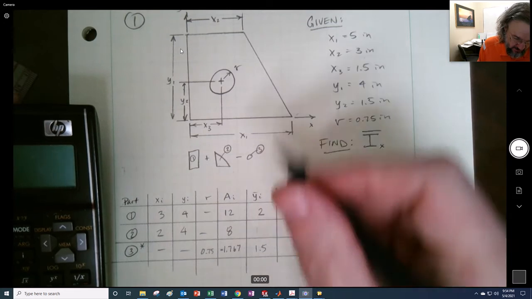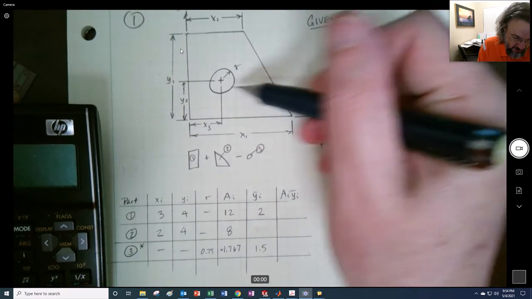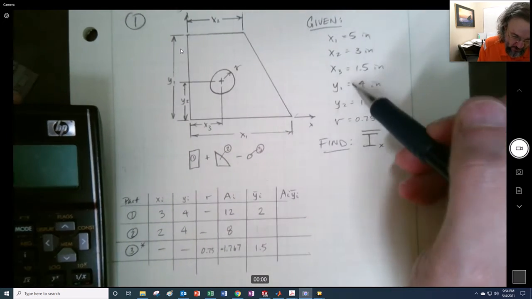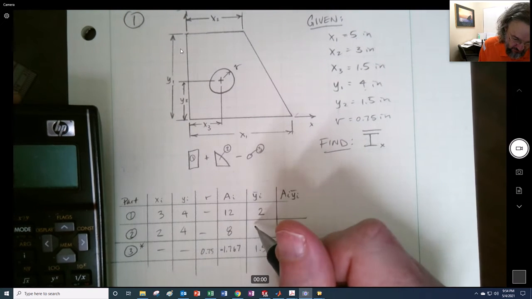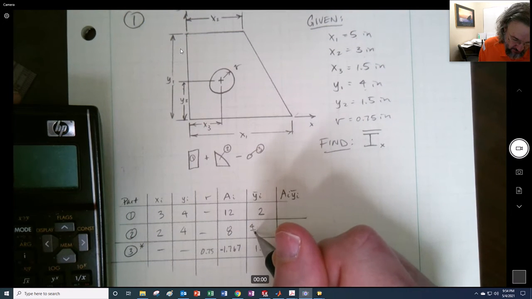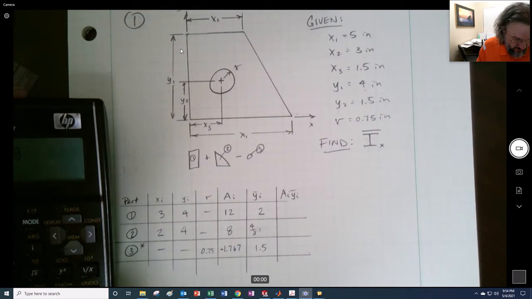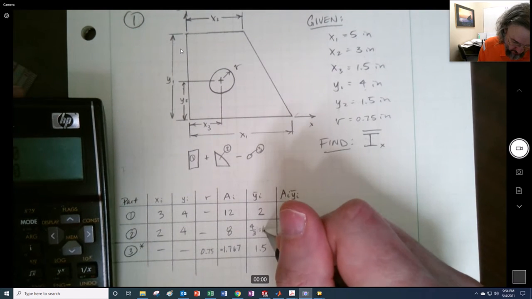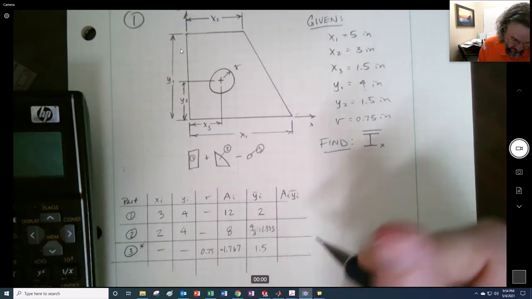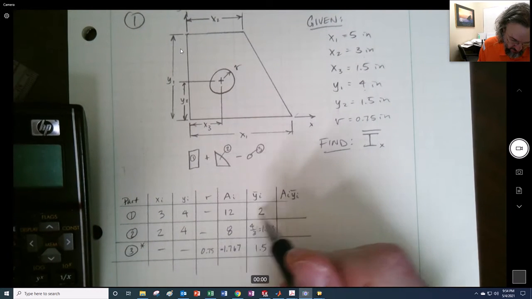This is going to be 1/3 times y1. Well, y1 is 4, so it's 4 over 3. Or is that 1.33333? It sure is 1.333.